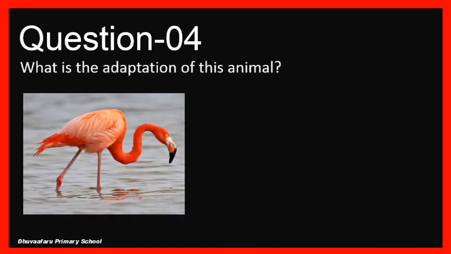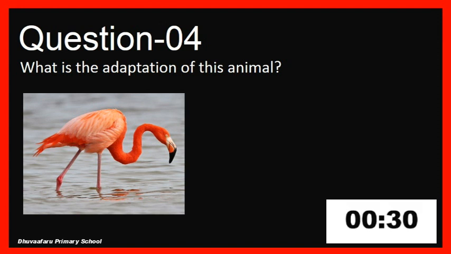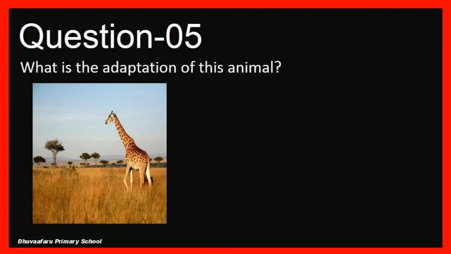Here is the fourth question. Okay, what is the adaptation of flamingo? It has long legs which help them to get into deeper water.